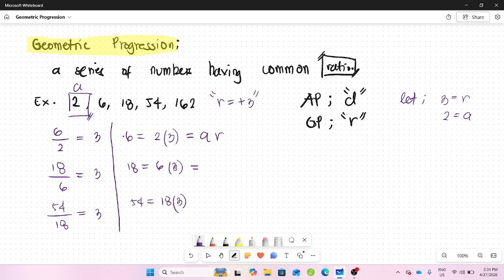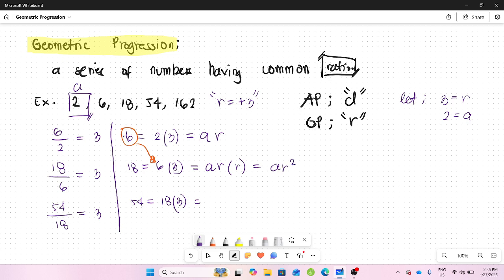For the third term, 18, we see that 6 can be found from this one. We have to substitute the value of 6 here, which is equal to AR, and then instead of 3 we substitute R, so we get AR squared.